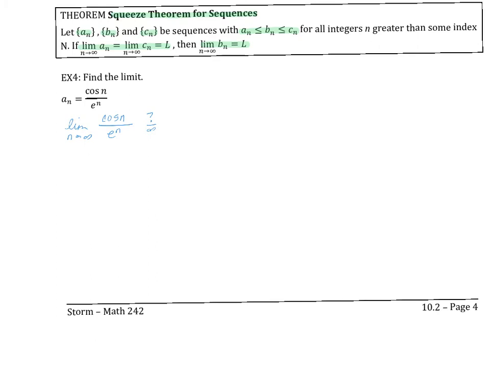So we're going to build up and use this squeeze theorem. Let's go back to our trig. We know that the cosine is between +1 and -1. Now I simply have to build up to my expression, cosine of n over e to the n. I'm going to divide each one of these terms by e to the n. I do have to be careful because these are inequalities.